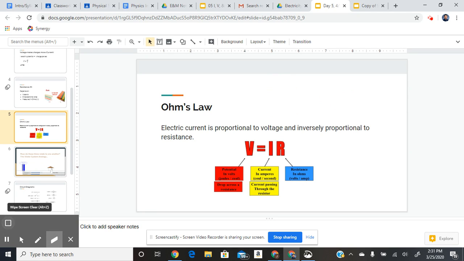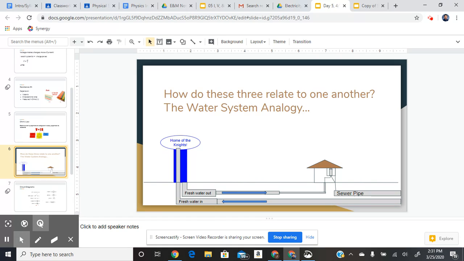That's kind of Ohm's law. I want to give another analogy, just to really get into your heads how charges flow and how voltage, resistance, and current all relate to one another, because it's not something we ever see, so it can be hard to visualize.